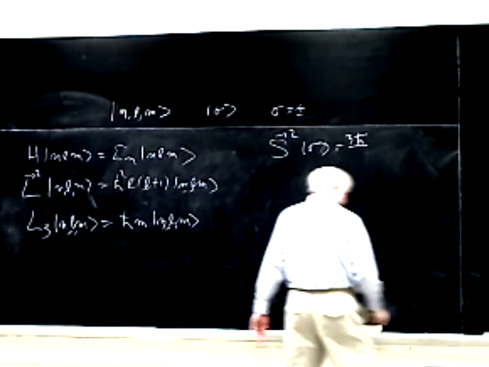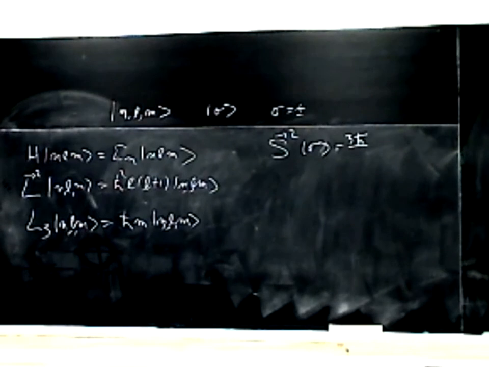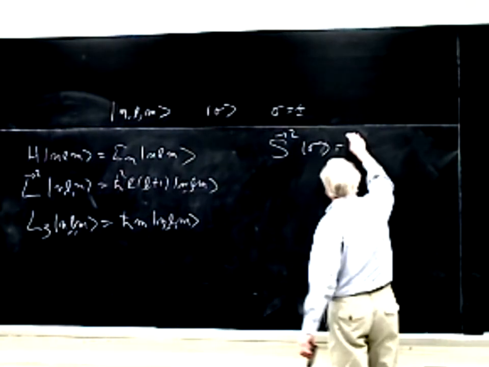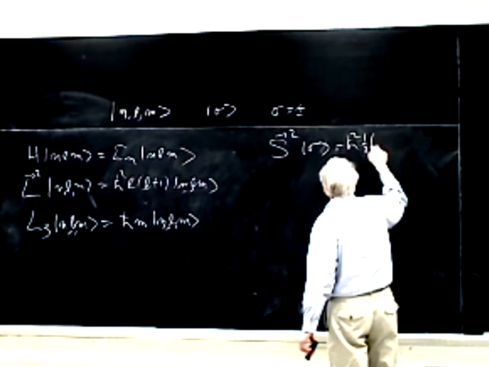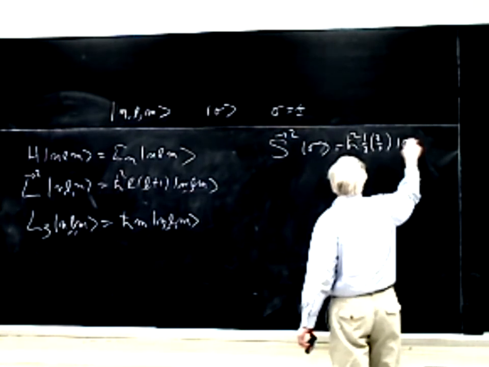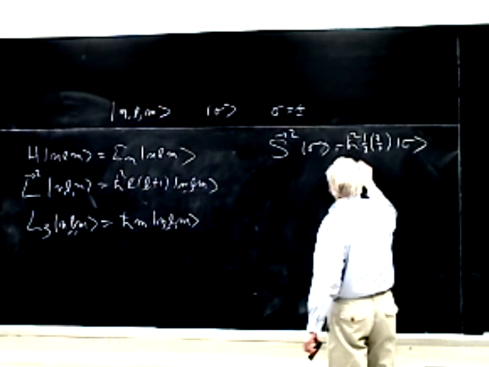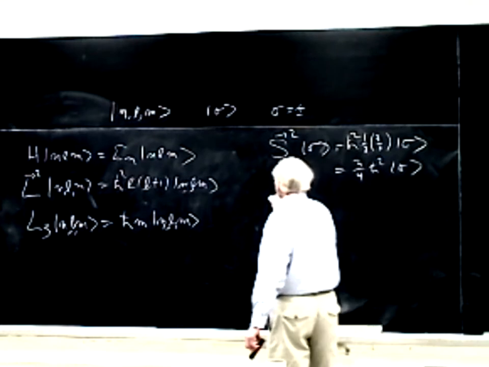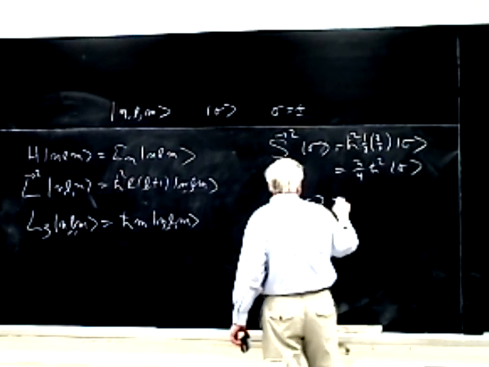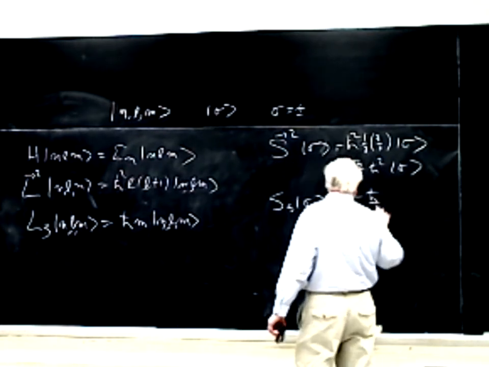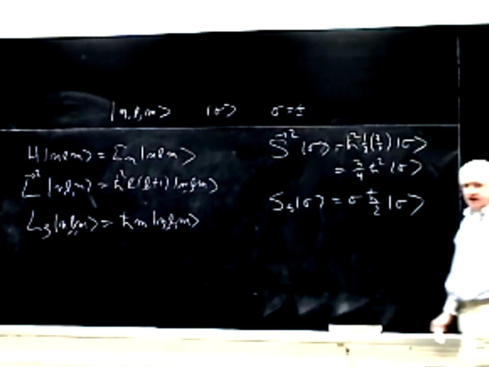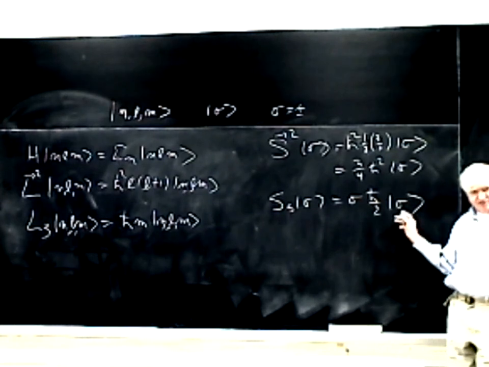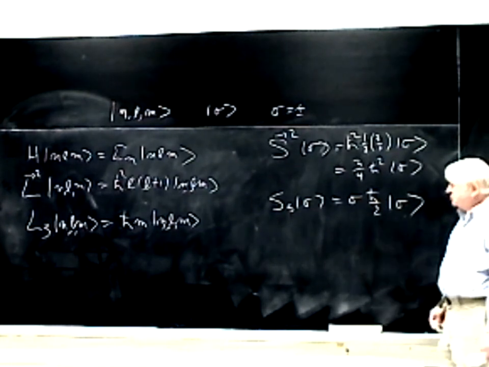Well, let me say it in a simpler way that will get us for sure the right answer, so I don't have to do it from memory. ħ² times 1/2 times 3/2 times |σ>, which is 3/4 ħ² |σ>, and S3 on |σ> is σ ħ over 2 |σ>. So these are the states that describe the spin degrees of freedom of an electron, or any spin 1/2 object.